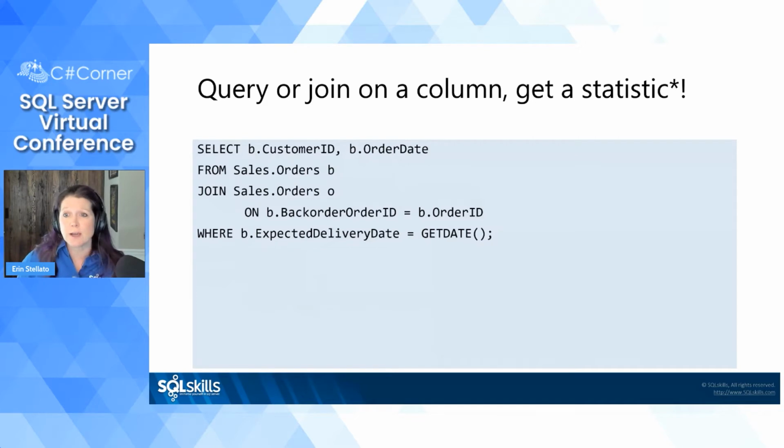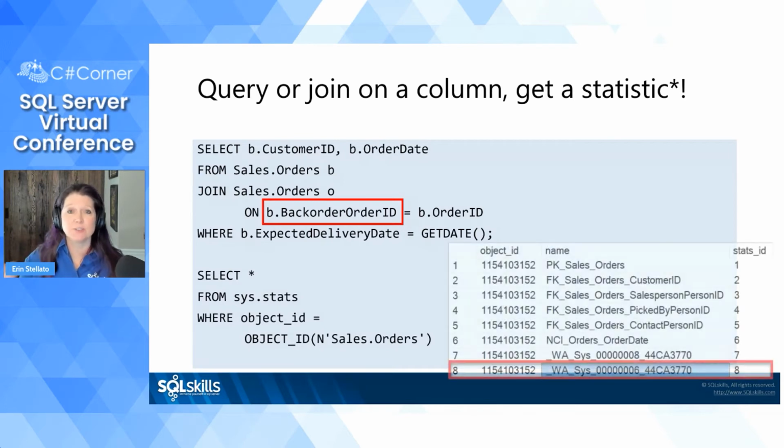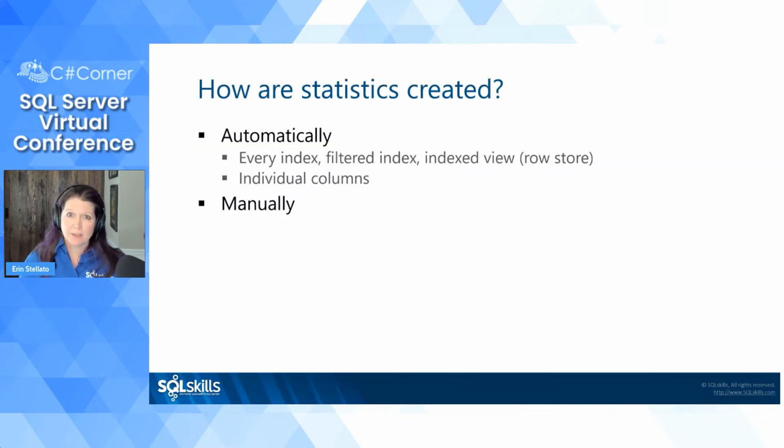When I join on the column, so here we're joining to orders based on back order ID, and here I've joined on that column, I don't have a statistic for it. And so SQL Server says, I'm going to create a statistic here on this back order ID column. So again, automatically created for indexes, filtered indexes, indexed views, and automatically created on columns when we query those or we join on those. Now we can also create stats manually.